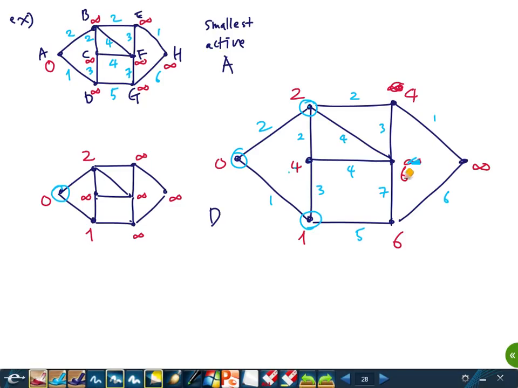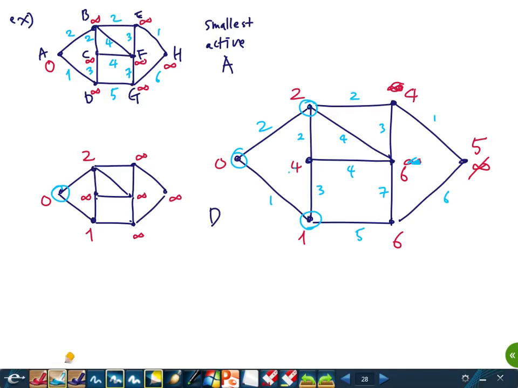So you don't replace this by 7, because we replace this by the minimum of this number and this plus this. With 6, so we don't do anything. What about this? 4 plus 1 is smaller than infinity, so you replace this by 5, like that.